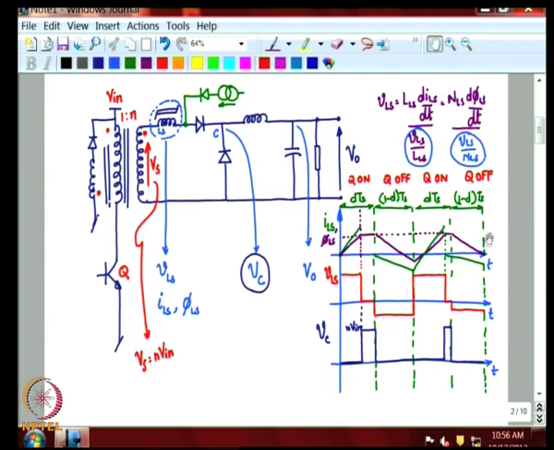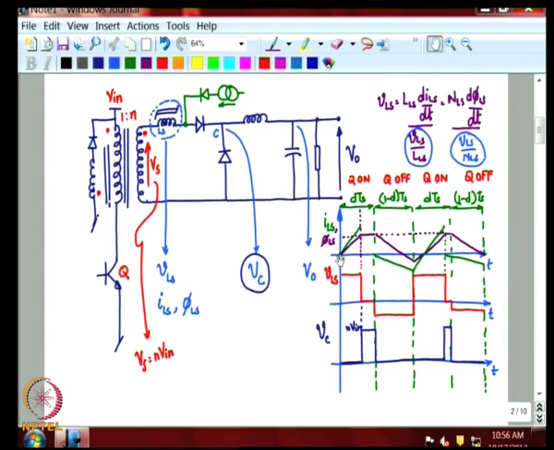So that for the new period, the starting points can be different, and as a result you notice here different starting point of the flux will give you different pulse width. At this point, you will get a smaller pulse width.